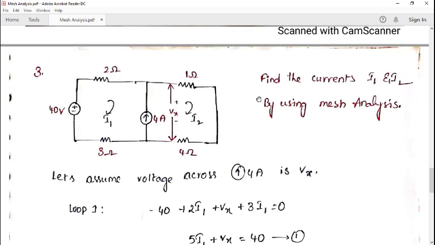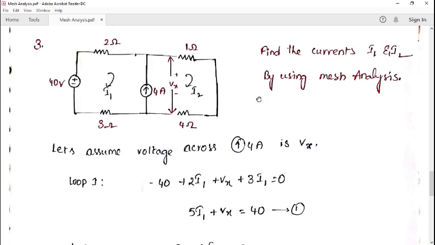This is very tricky and very easy also. Just look at the circuit. There is a current source in between these two meshes. So to write the loop equation, we have one current source in between these two. This is called super mesh analysis.